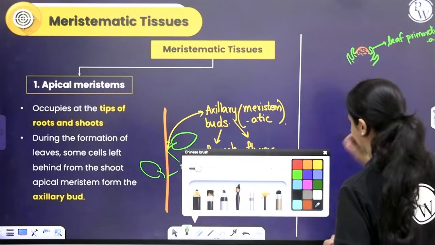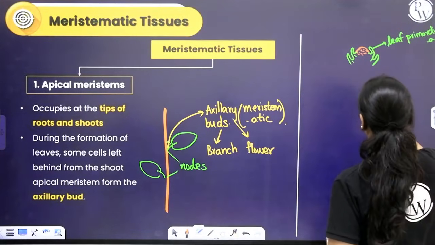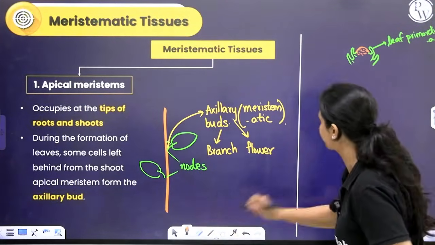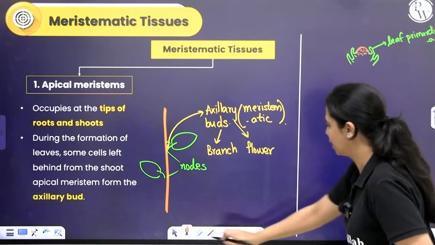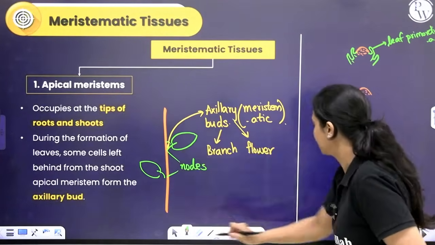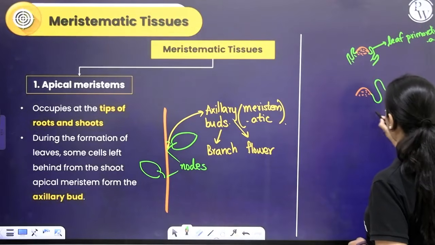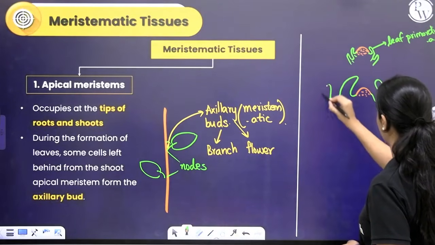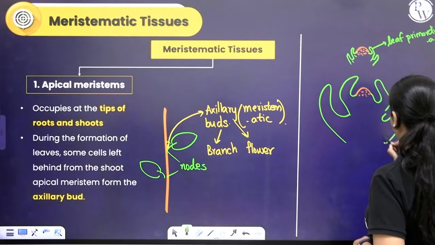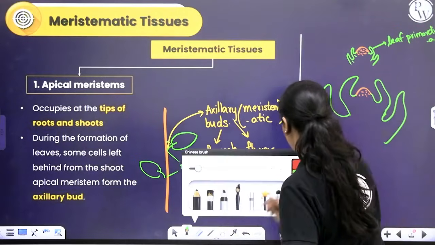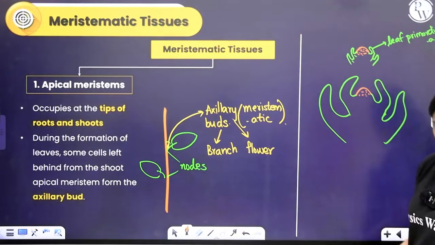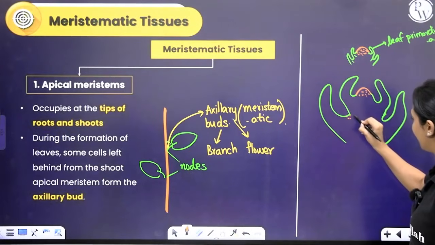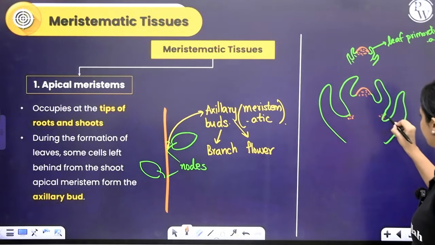When that happens, you can see how, if this was your shoot apical meristem, these leaves are becoming bigger. You can see how some of these meristematic cells that were present at the tip will be left behind here.